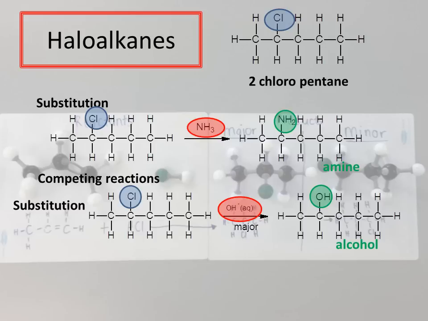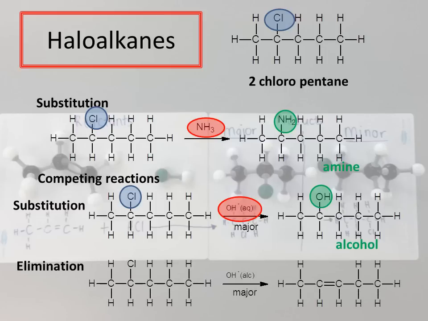There is a minor product that's produced at the same time as this, and this is an alkene. Now, actually, if you take the same molecule, with the chlorine functional group, this haloalkane, and you add an OH minus that's dissolved in alcohol, or alcoholic, remember again it could be sodium hydroxide or potassium hydroxide, the major product when it's dissolved in alcohol is an alkene.